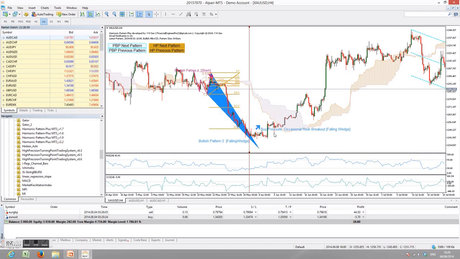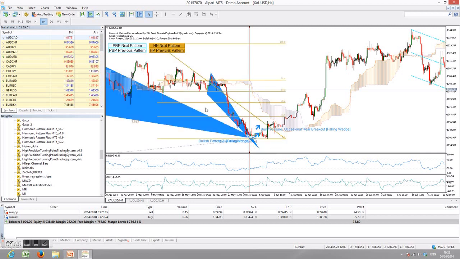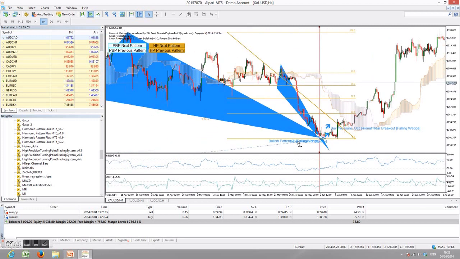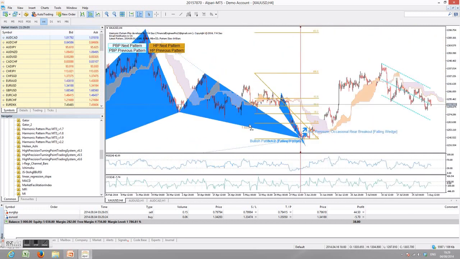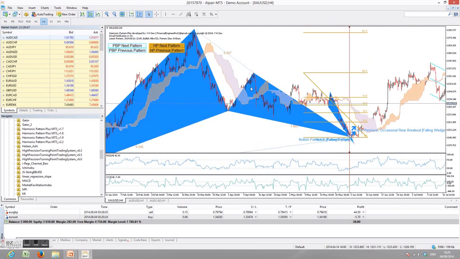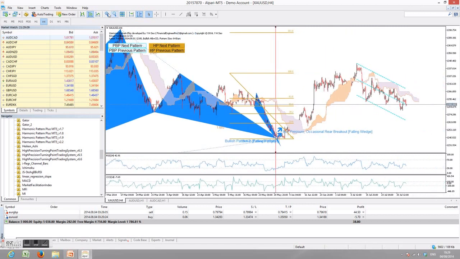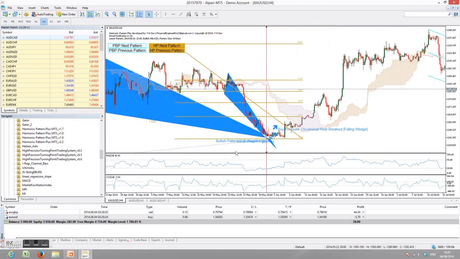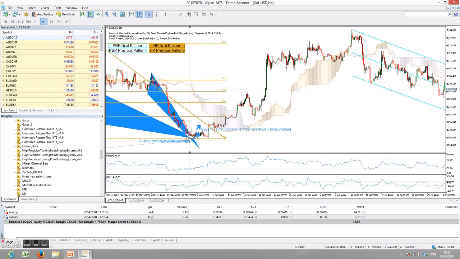It indicates a buy market. But at nearly the same time, we have a Gartley pattern from Harmonic Pattern Plus. When there are two patterns indicating the same direction, there is a great chance that this directional movement will really happen in the market.